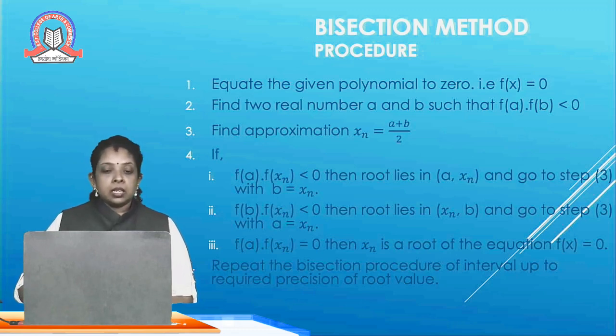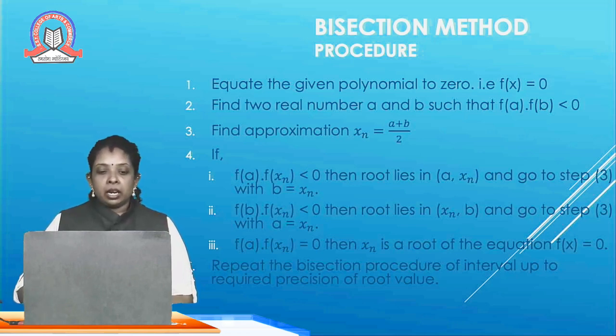And if the product of f of b and f of xn is less than 0, then the next interval must be xn and b. For example, if a is 1 and b is 2, its midpoint will be 1.5. Considering a and xn, it will be 1 and 1.5. And considering b, it will be 1.5 and 2. That's why xn is written first in the second point.